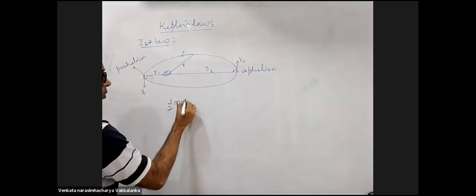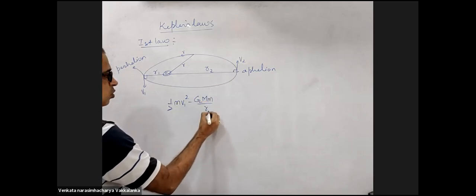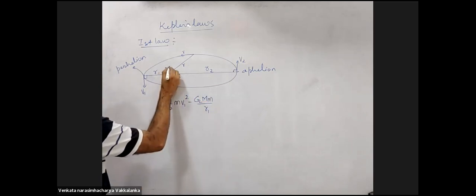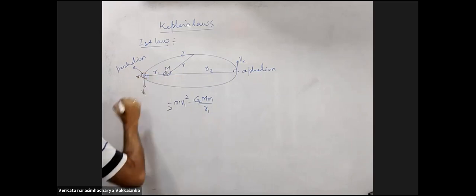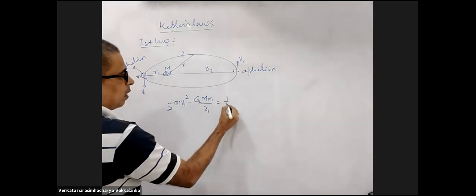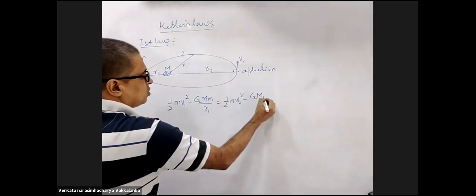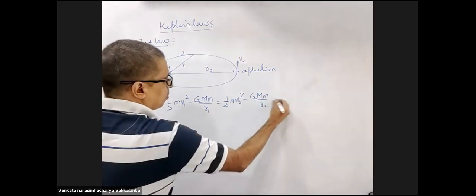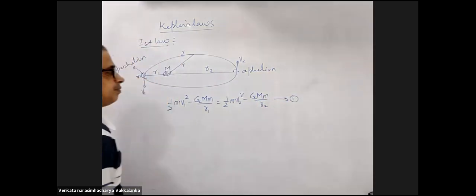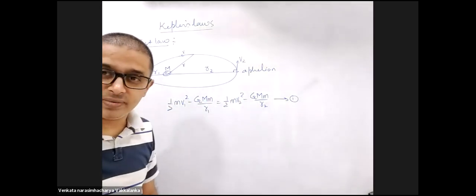Half m v1 square minus G capital M small m by r1. This is capital M, this is small m. Potential energy, kinetic energy. Half m v2 square minus G capital M small m by r2. Total mechanical energy is conserved.